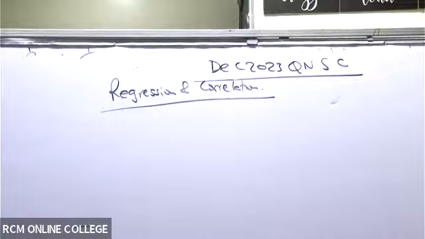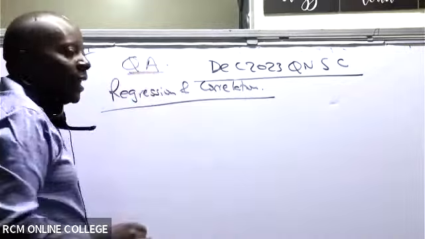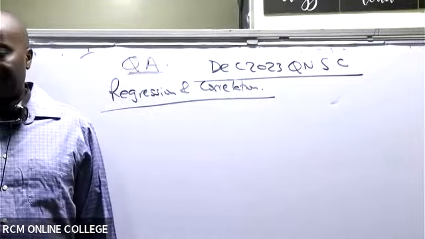Correlation in QA is topic number 4, and regression is topic number 5. Remember, the subject is quantitative analysis.